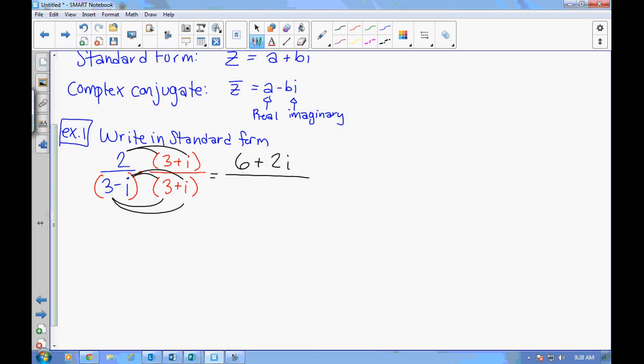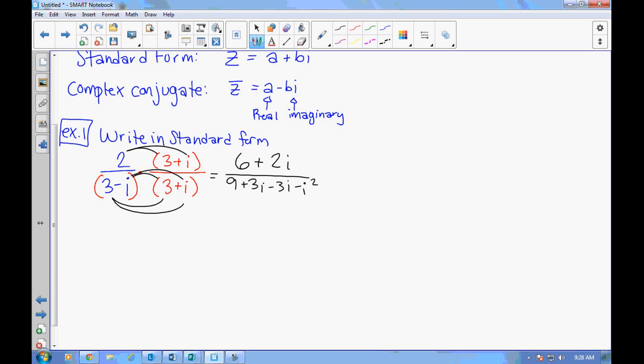You should get 4 terms that pop out. 3 times 3 was 9. Then 3 times i was positive 3i. Negative i, make sure you use that as a negative i, times 3 is negative 3i. And negative i times i is negative i squared.